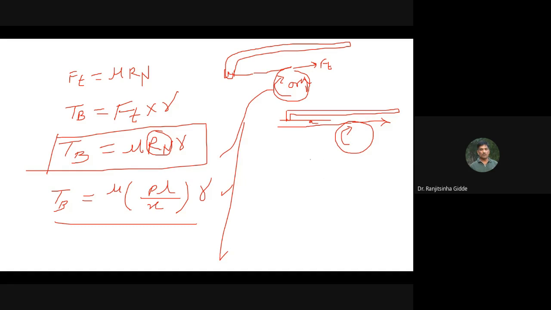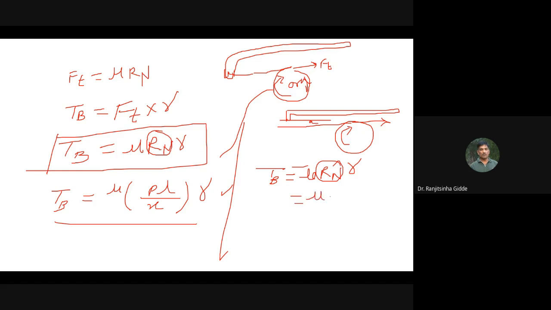So in that case, Tb is equal to again mu Rn into R. So what is the value for this?